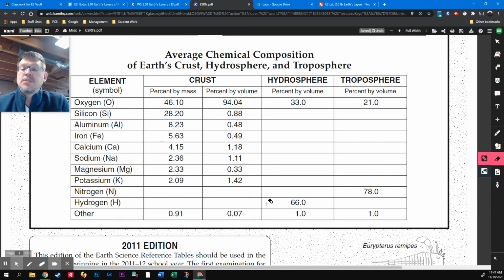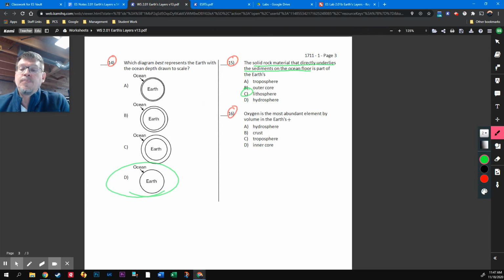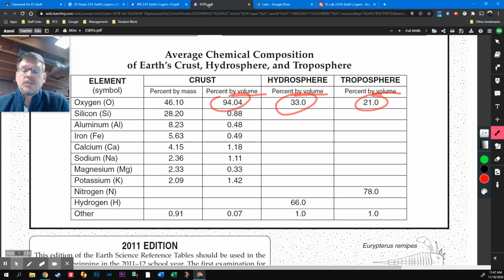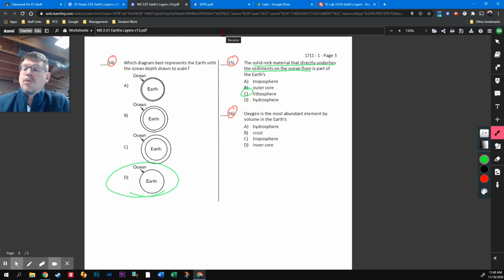We have the crust, the hydrosphere, and the troposphere, and the question is specifically asking by volume. So my choices are 94, 33, or 21, because those are all volumes. Oxygen is the most common in the crust. So going back to my worksheet, we're looking for the crust.